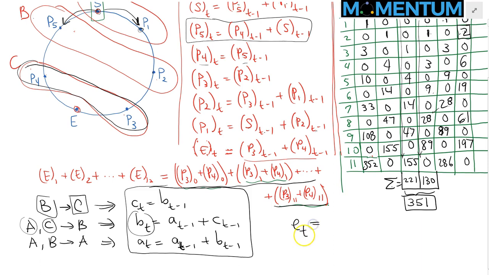The number of ways to end up in E at the end of step T is just only if previously you were in C. So all I need is to figure out how many different ways I can end up in the set C in the previous step. So in our case, we need to find E12, which is equal to C11. That's all we need. We need to calculate C11.